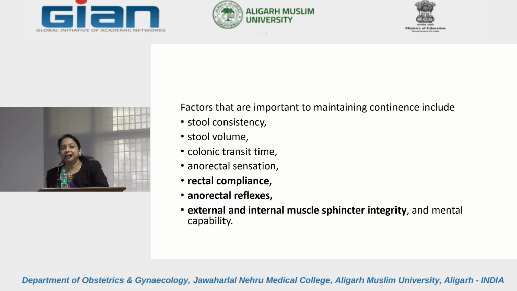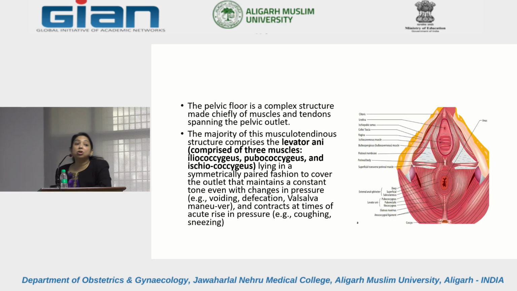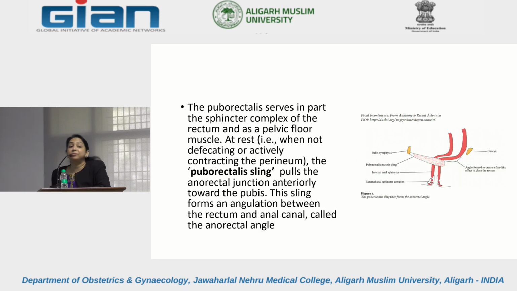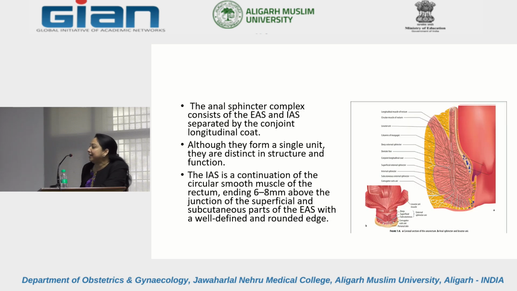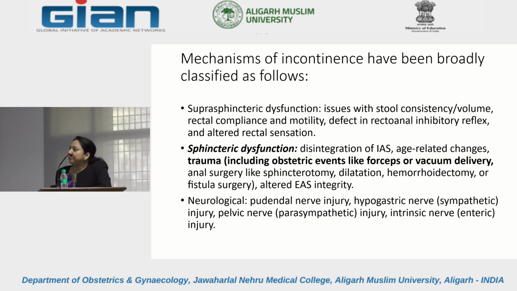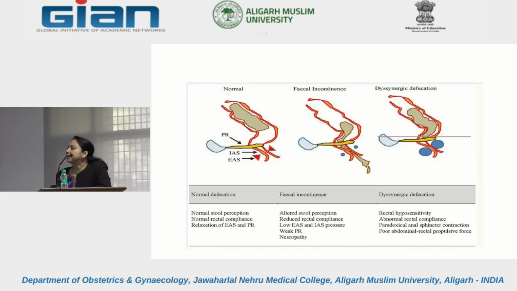It's the puborectalis part of the pubococcygeus muscle, which makes the sling. So the puborectalis sling as well as the anal sphincter complex, that is the external anal sphincter as well as the internal anal sphincter. So the mechanism is sphincteric and neurological. Today we'll mainly discuss incontinence because of obstetric reasons.